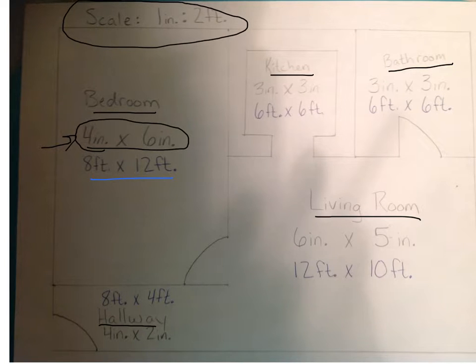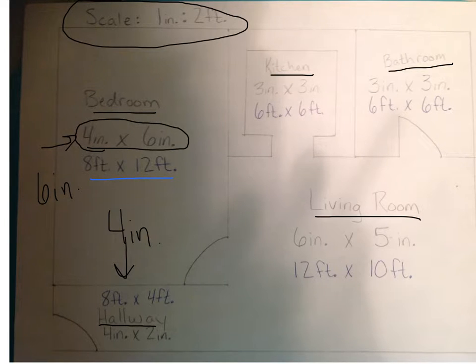When I measured out this room with a ruler, it's 4 inches by 6 inches. It's always going to be length times width. So the length, which is this wall down here, is 4 inches, and this wall over here is 6 inches.